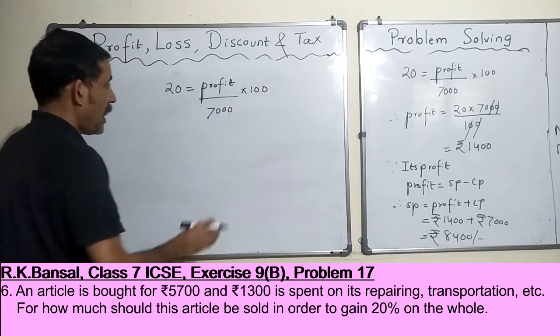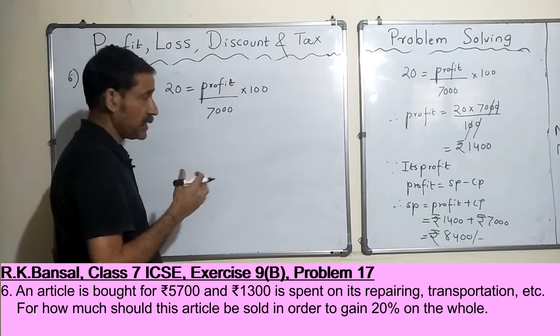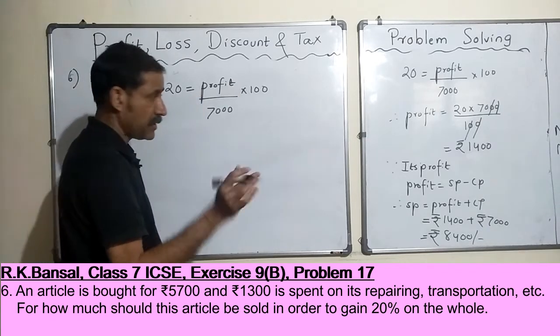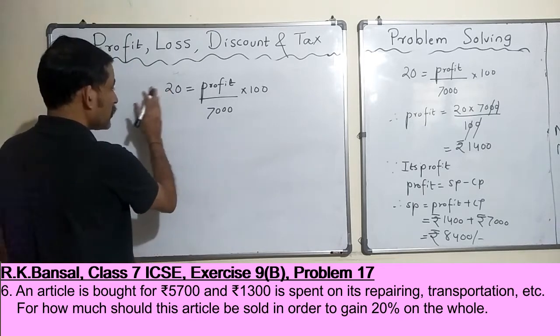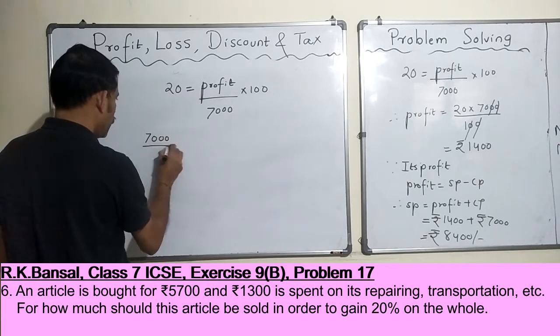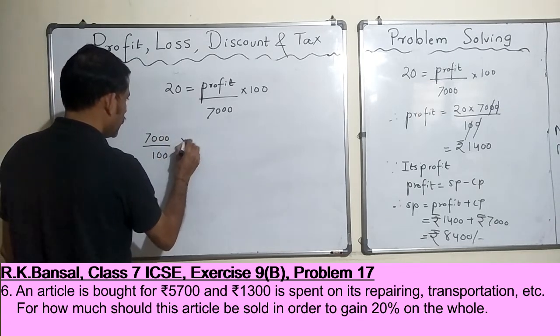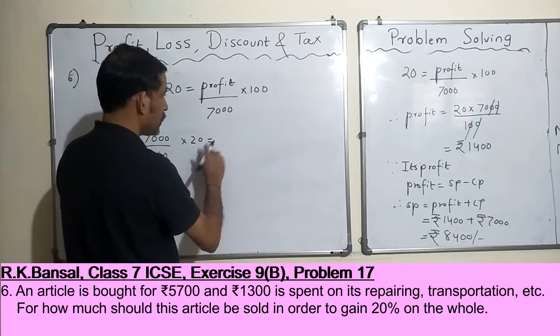Now I want to have profit on one side of the equal to and numbers on the other side. So I multiply both left hand side and right hand side by 7,000 by 100. When I multiply the same number on both the sides, equal to still remains intact.